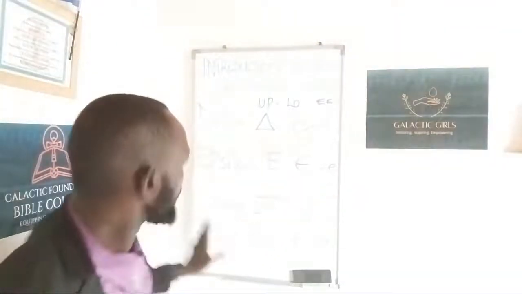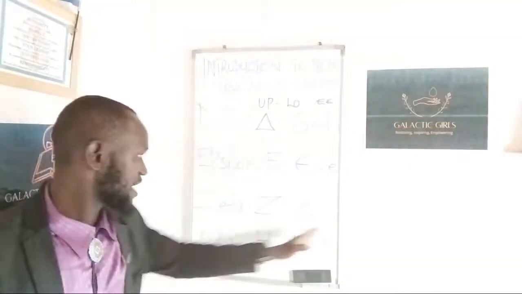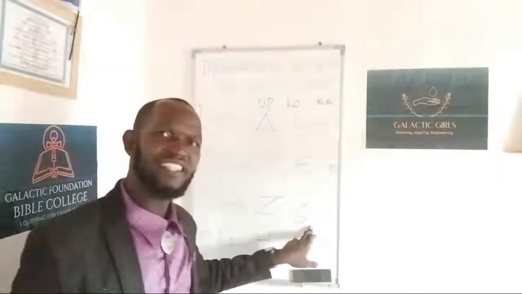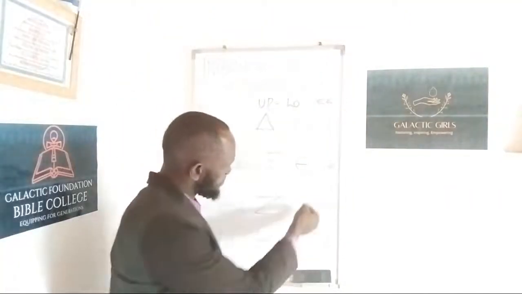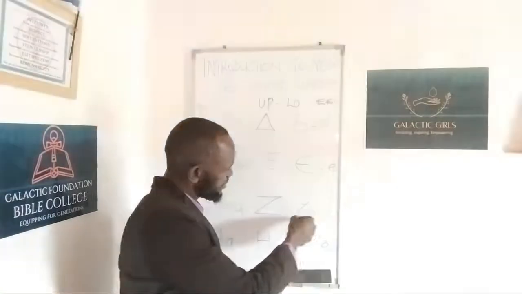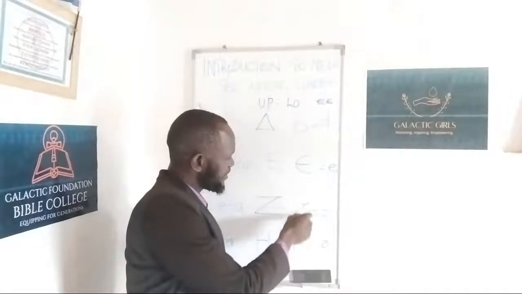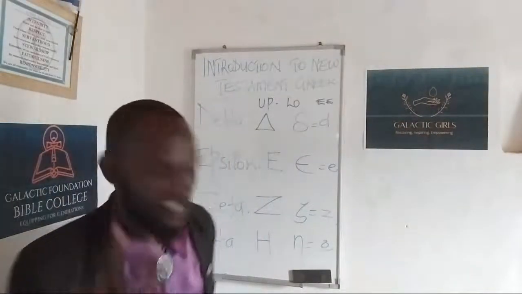Right? And for zeta, you notice the uppercase is just like the English Z, but the lowercase is very, very different. It's like you are writing a slanted L and then bringing that L, but then giving it a curve at the back, underneath, like an ear, so to speak.